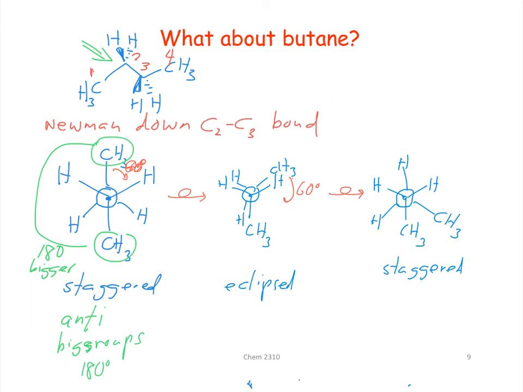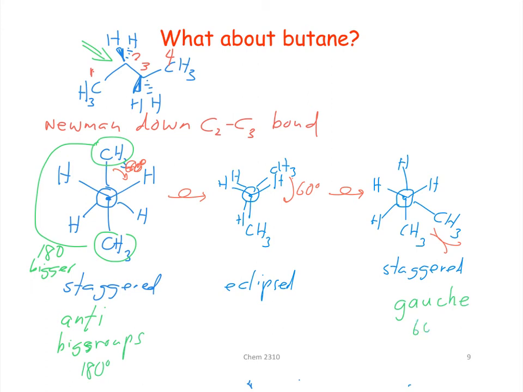Do you think that this one is the same as the other staggered? Are they going to be the same energy? No, right? So this one has to have a different name, and this one has kind of a weird name. These are getting close to each other, and this one is called gauche.